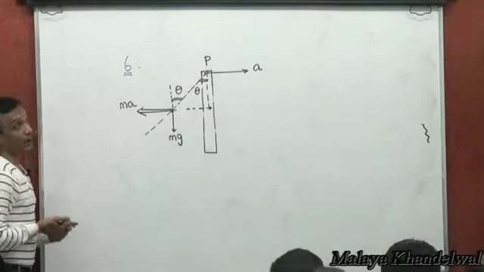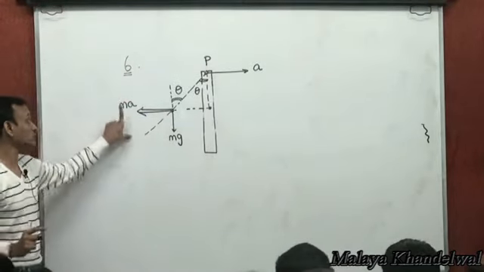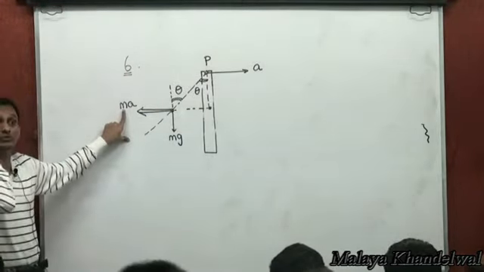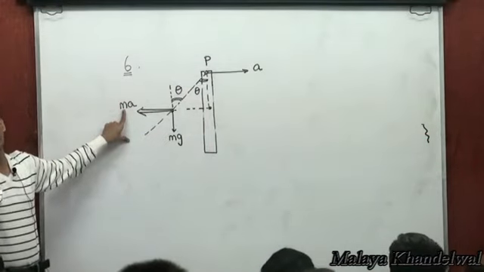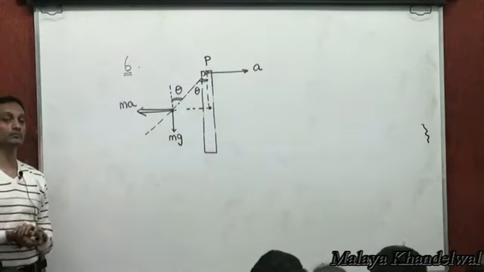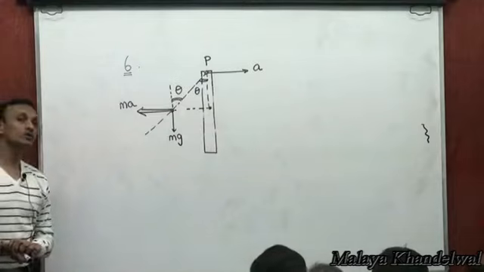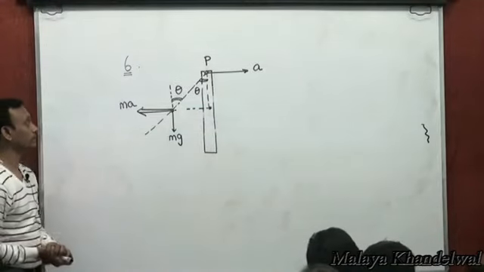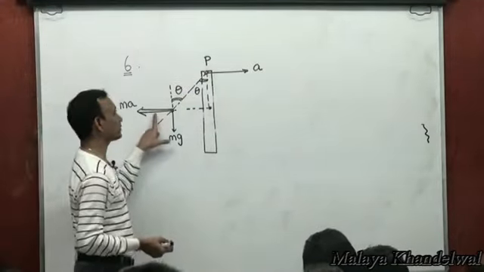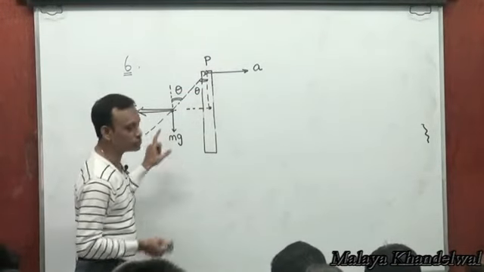Now, about P, I can take the torque. I can take torque about P as long as I include the pseudo force. I am eligible to take torque about P. Torque about P would be I about P into alpha, right? What's the net torque about P? The net torque about P would be torque because of the pseudo force with torque because of mg.